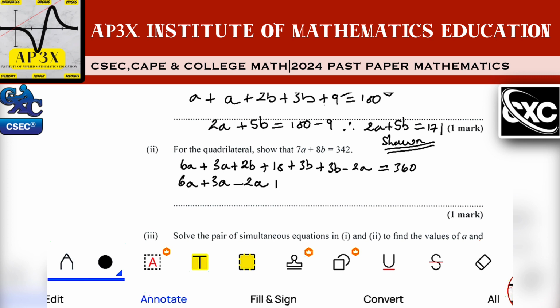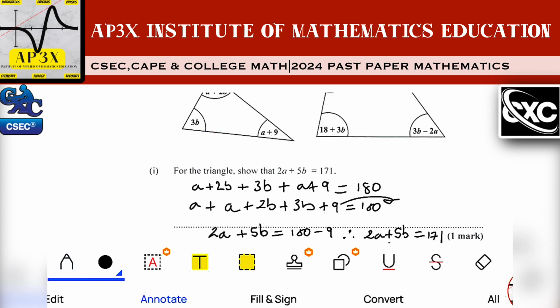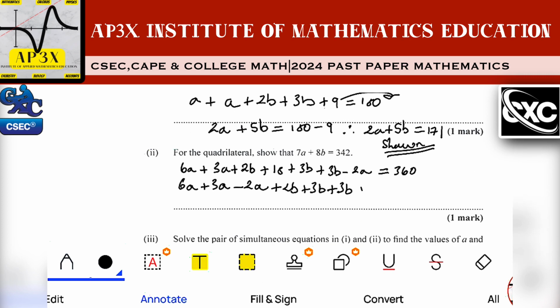Then we have this plus 2b here, this plus 3b here, and another 3b here. And then that seems to be plus, is that 18? I think yes, it is 18. So that's plus 18 equals 360 degrees.